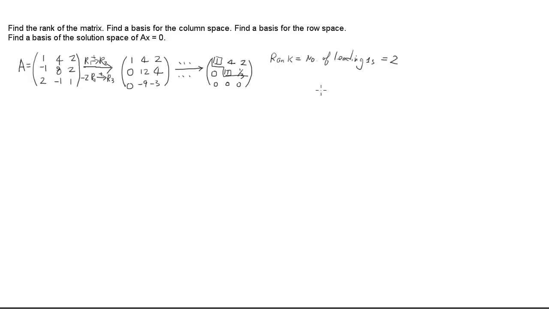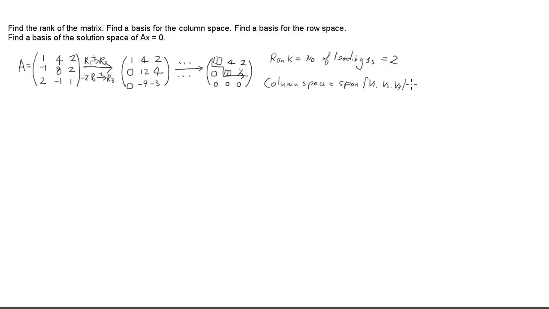Now a basis for the column space. The column space is the span of these three vectors v1, v2, and v3. And we see that the third vector is dependent on the previous ones.